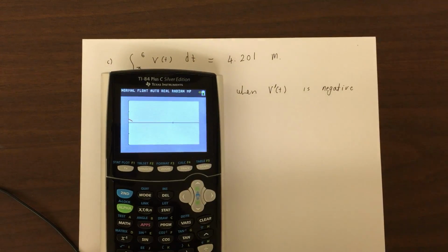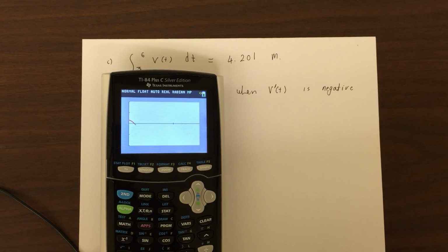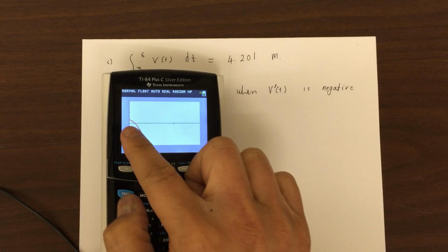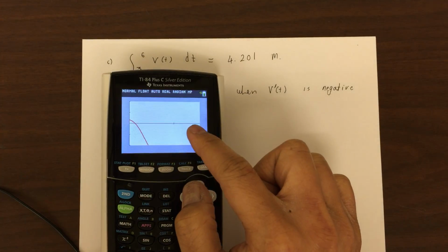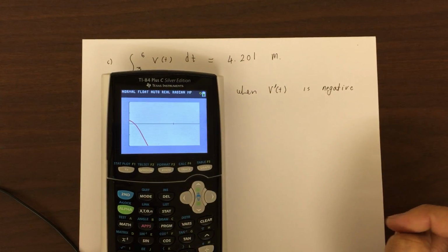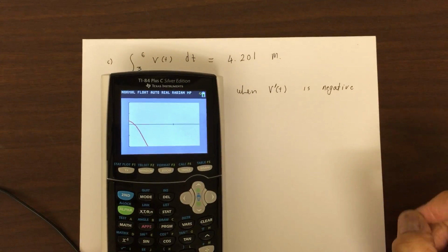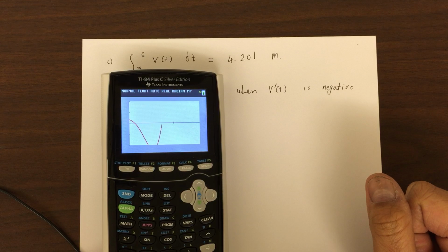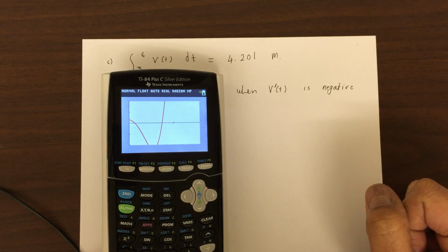By graphing, we can see where the speed is decreasing. The speed is decreasing from that point, and then hopefully somewhere over here. It does take some time for the calculator to graph the function, so we have to wait until it's done. So there it is.